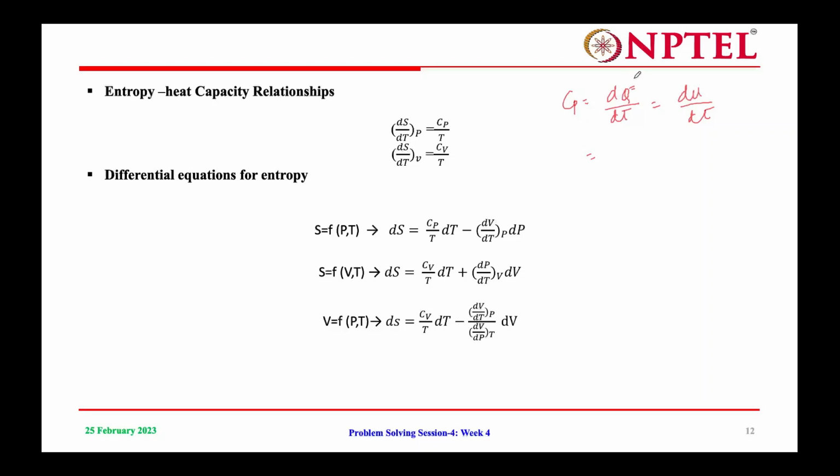So your dQ you can write down TdS, dT, it cancels, Cp by T. One minute, I am getting confusion here.